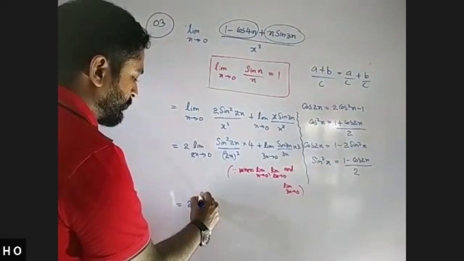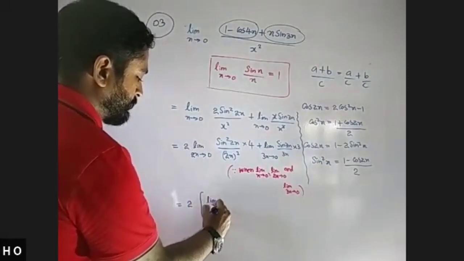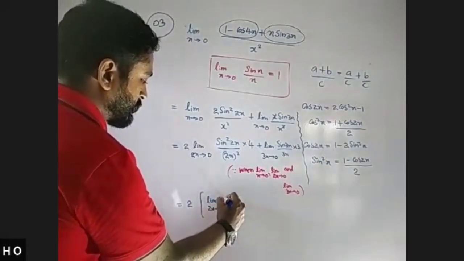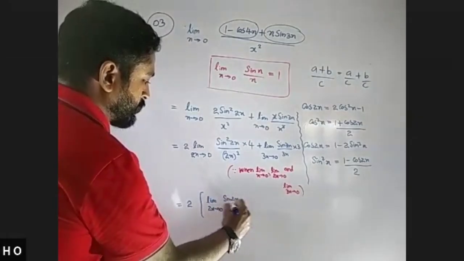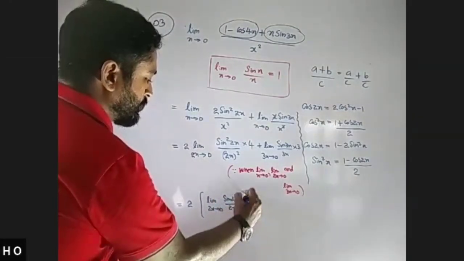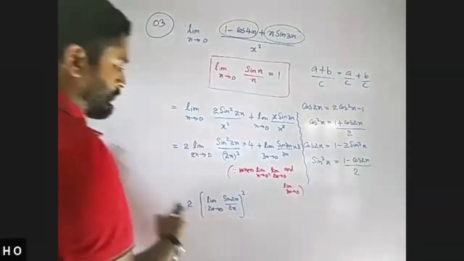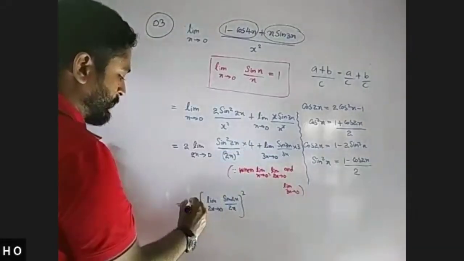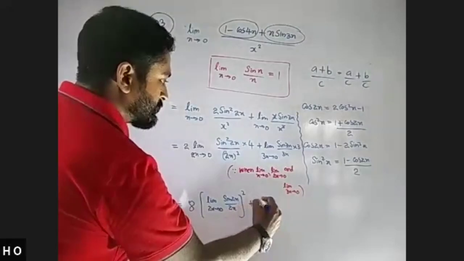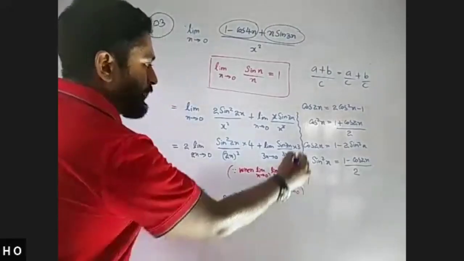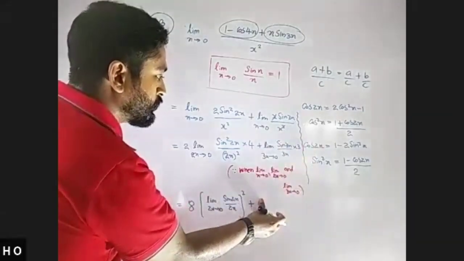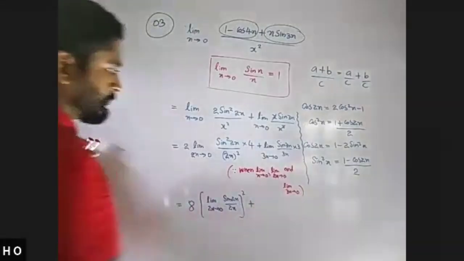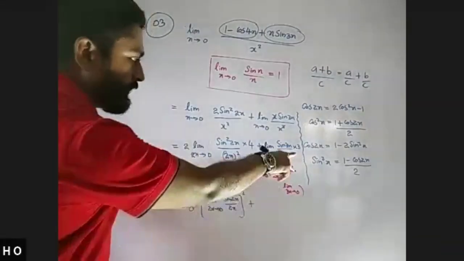So it is going to be the limit as 2x tends to 0 of sin 2x over 2x, the whole thing squared, right? 2 and 4 also, so it is going to be 8. Then plus 4, and this is directly 4 into, you have 3 there.